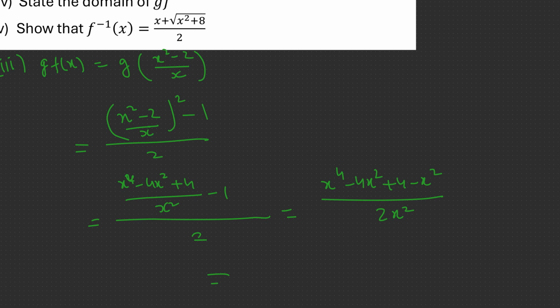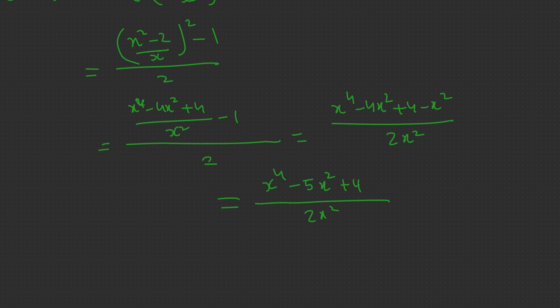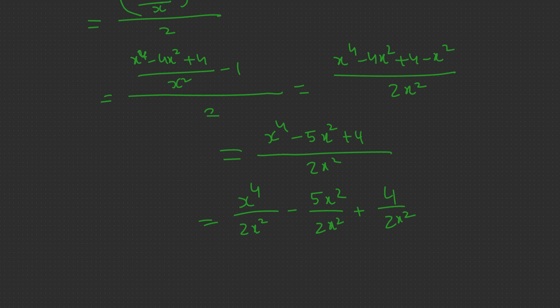So then I get (x to the power 4 minus 5x squared plus 4) over 2x squared. Then I can divide individually: x to the power 4 over 2x squared minus 5x squared over 2x squared plus 4 over 2x squared. And then I can cancel, and I will be left with half x squared minus 5 over 2 plus 2 over x squared.